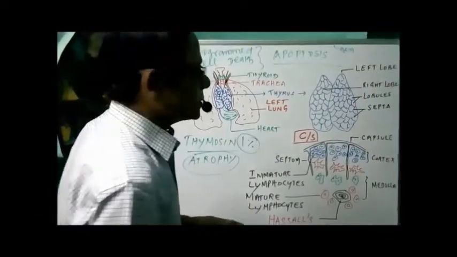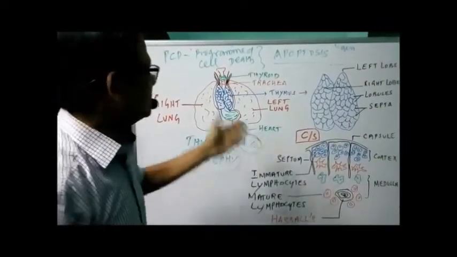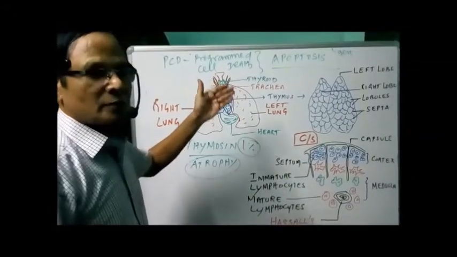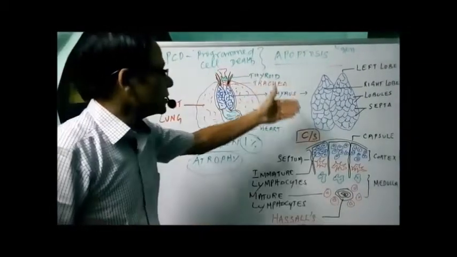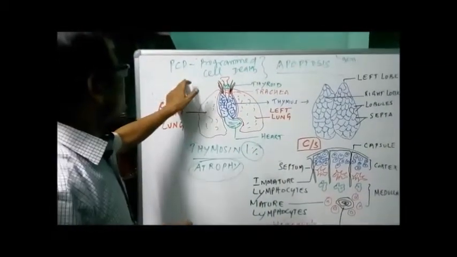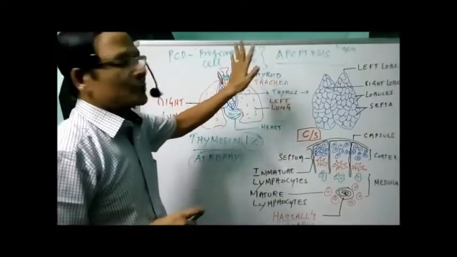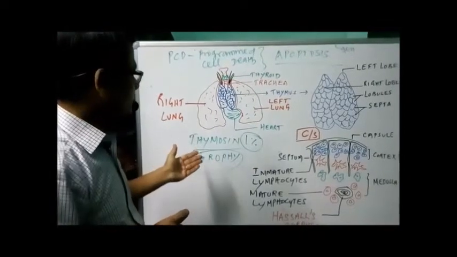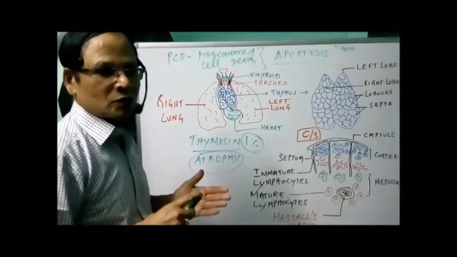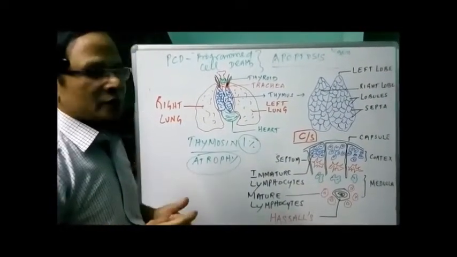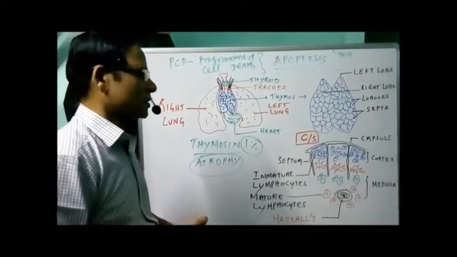So, only 1% of the lymphocytes leave, the remaining 99% of the cells are being destroyed in the thymus itself. That phenomenon is called programmed cell death or PCD. That's technically called apoptosis. So, that's about the thymus, its functional role: production of lymphocytes, T lymphocytes, and maturation of T lymphocytes.